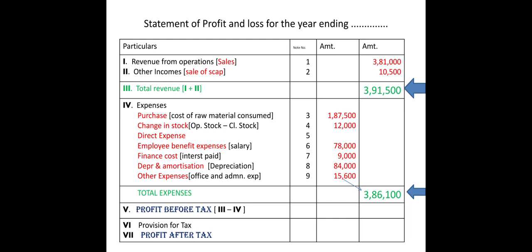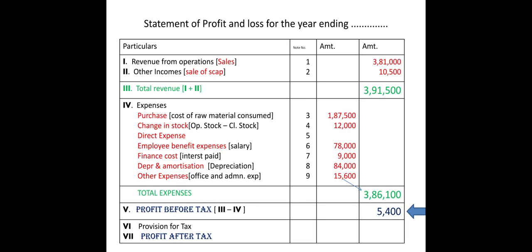So out of 3,91,500, if you deduct 3,86,100, then you will get the profit. Profit before tax, and that is, yes, the difference is, student, 5,400. Okay, so this 5,400 is nothing but the profit before the calculation of tax.